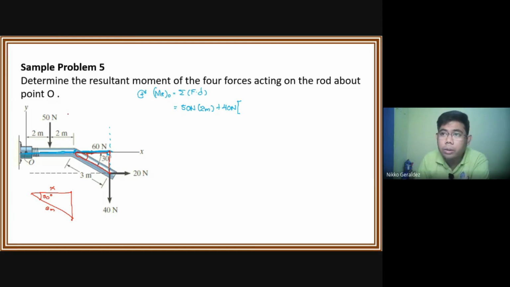To solve for x, the adjacent side, we use cosine theta. So x is equal to 3 meters times cosine 30 degrees.